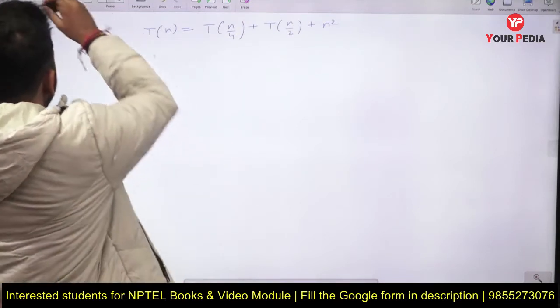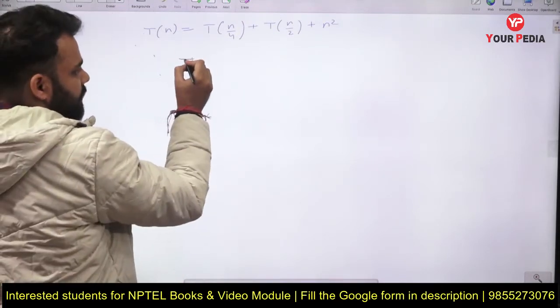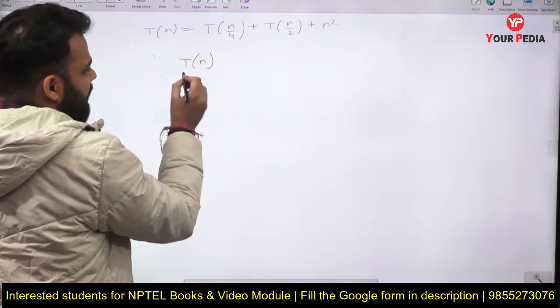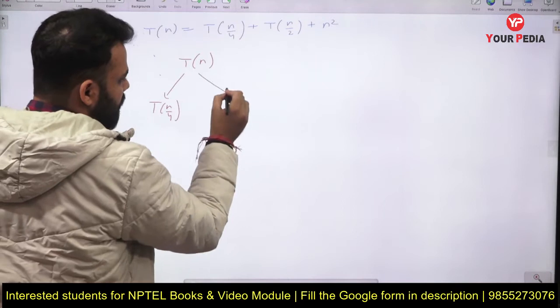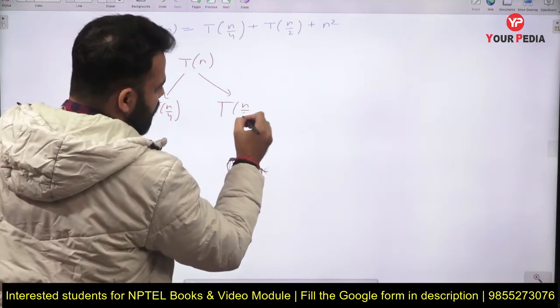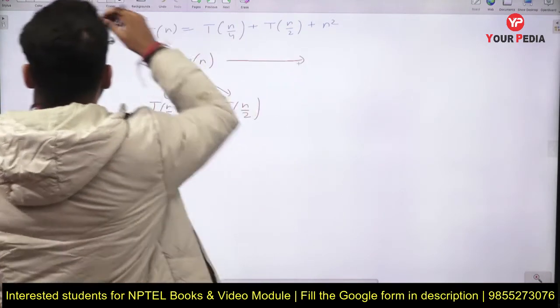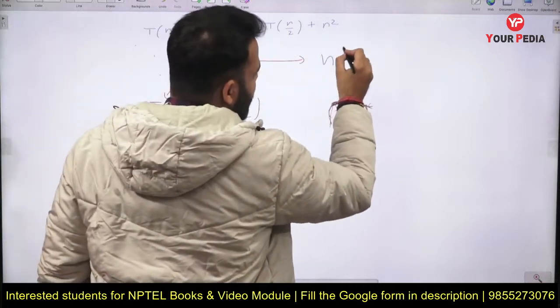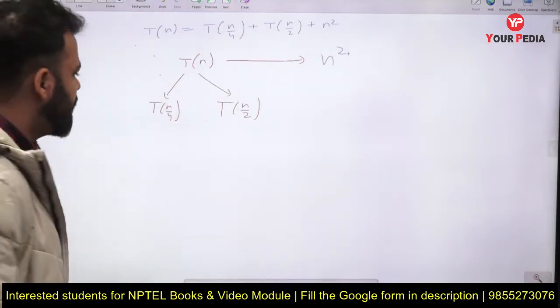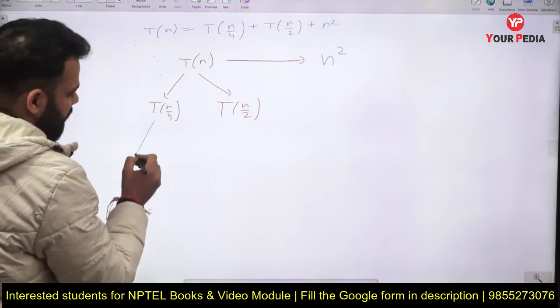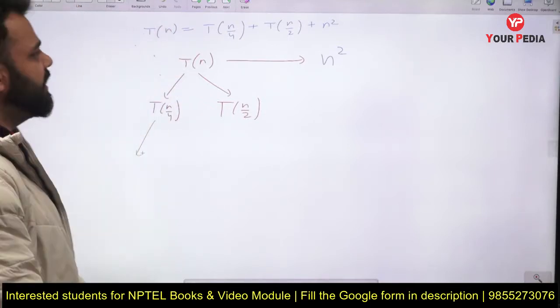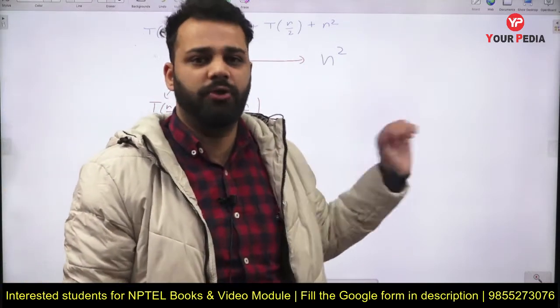First of all, initially there will be T(n) and it will be divided into T(n by 4) and T(n by 2), and n will leave the remainder n square. Now for the second part, whenever you divide a T(n), it divides by 4 and by 2.